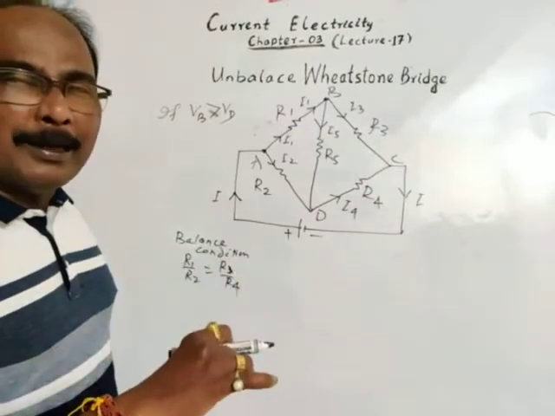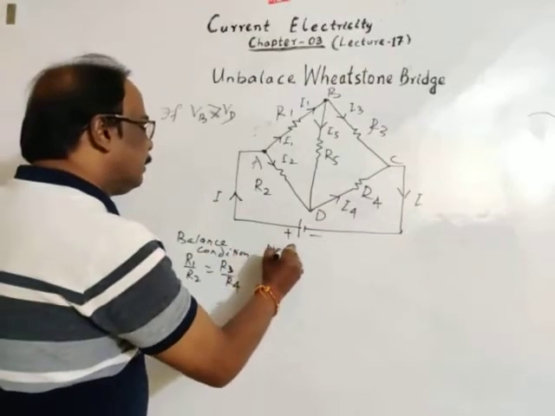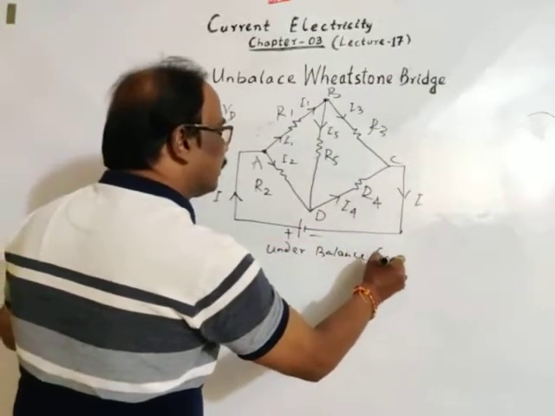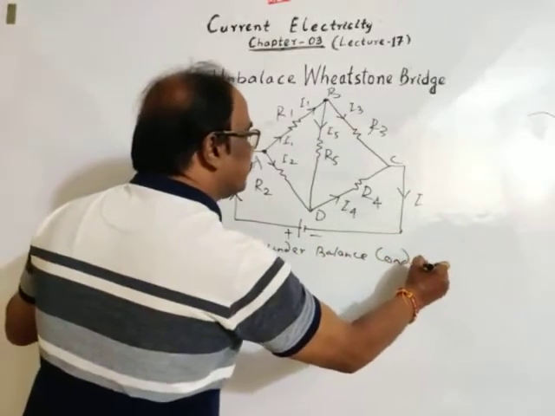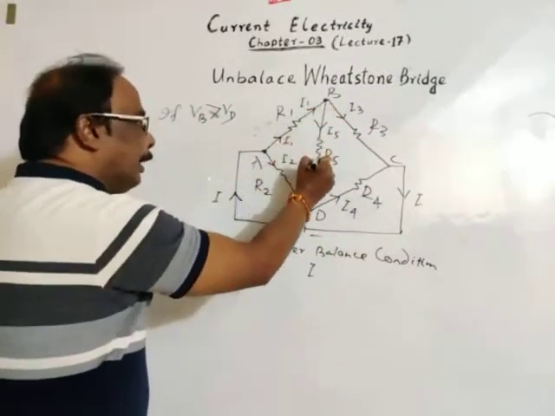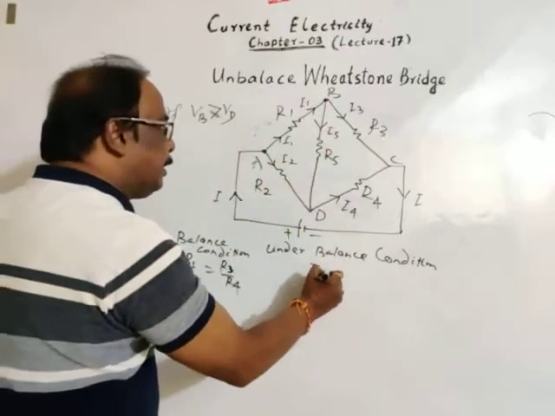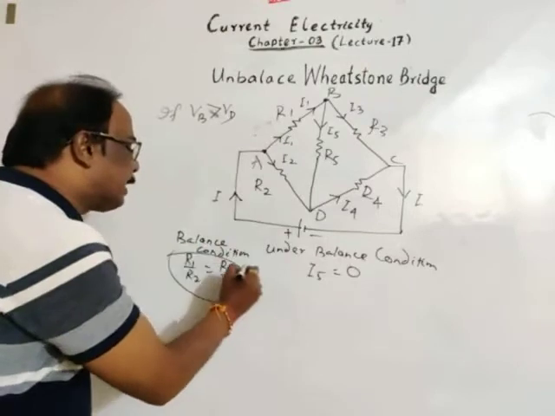Under balance condition, the current flowing through resistance R5, the current I5 through this branch, will become 0.